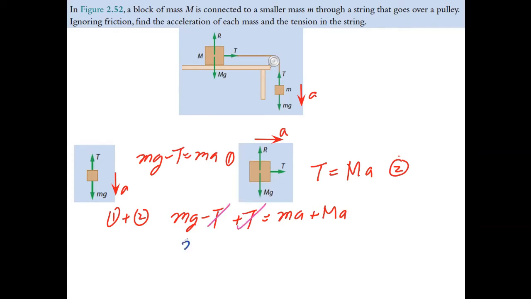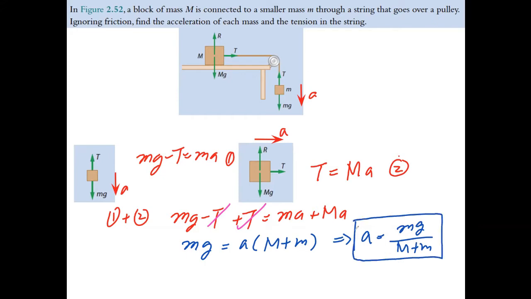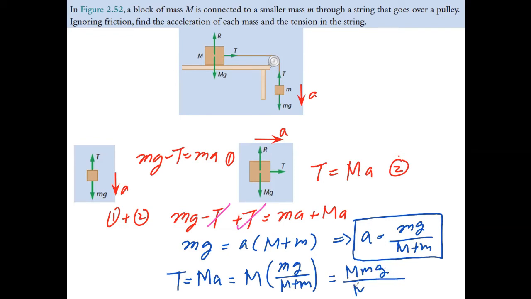We get mg equals M plus m times a, so the acceleration equals mg over M plus m. That's the acceleration. We plug the acceleration into equation 2, and that gives T equals Mmg over M plus m.